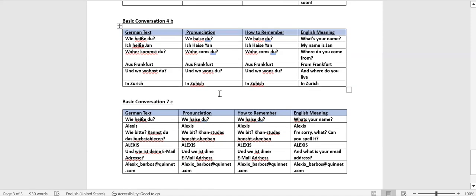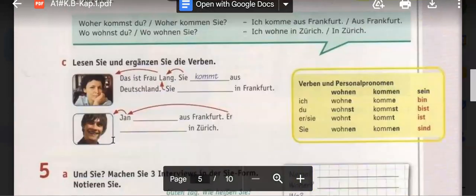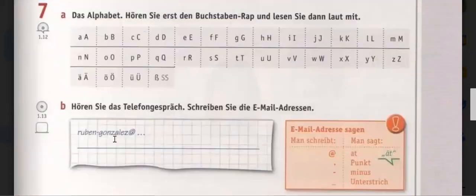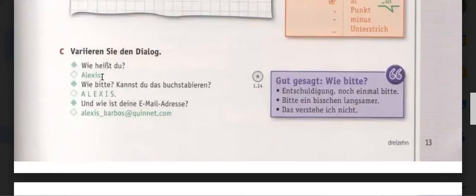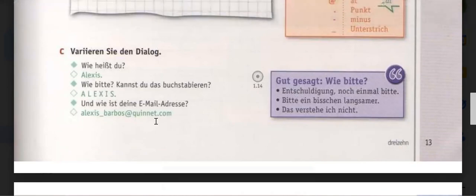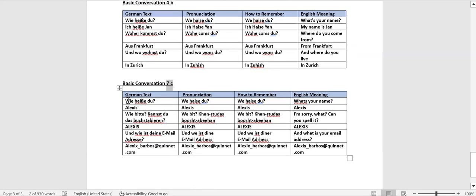Okay, so we are moving to section 7C now. Let's look at section 7C. So this is section 7C in your textbook. Let's see what they are saying here. In section 7C, it starts like, Wie heißt du?